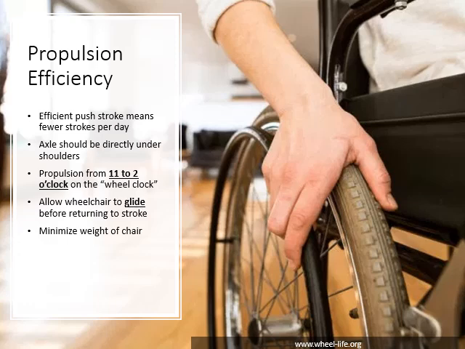Okay? And once they push, they should allow the wheelchair to glide before doing the next stroke. They should also minimize the weight of the chair so that it's not as difficult to push.